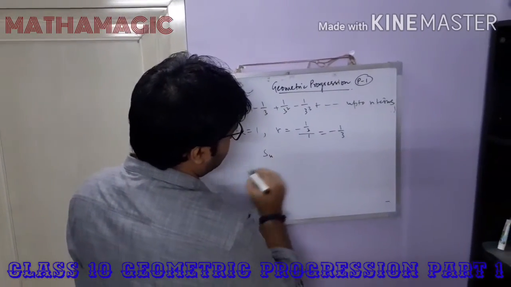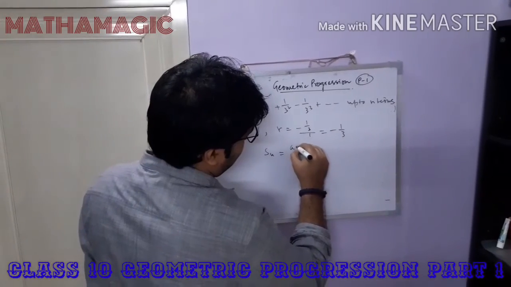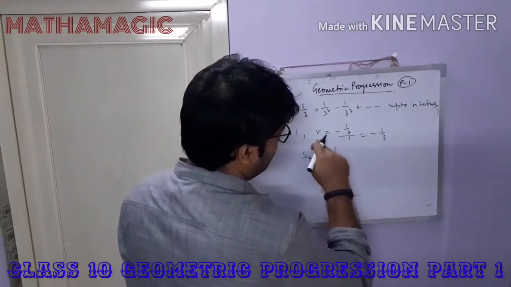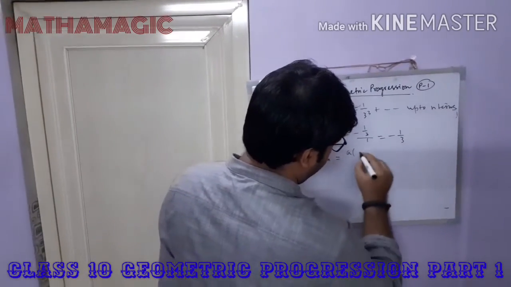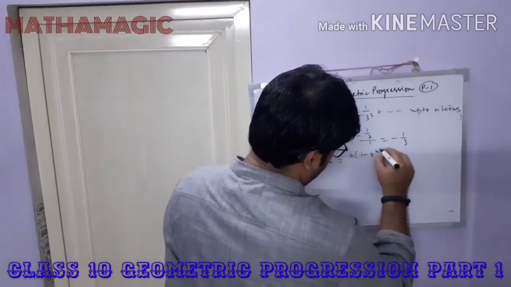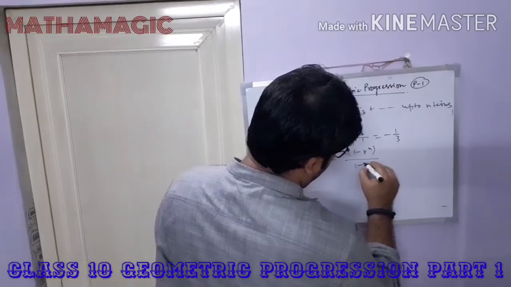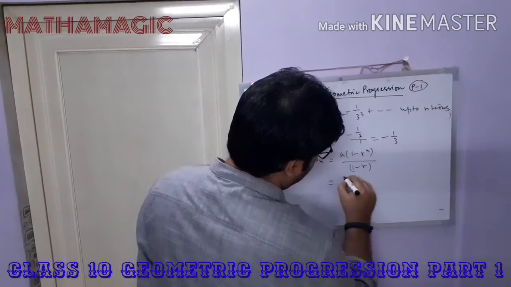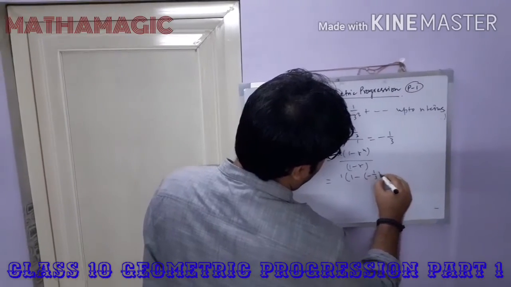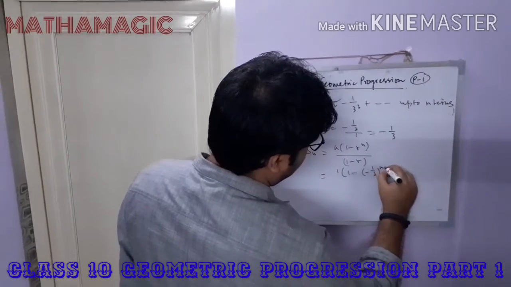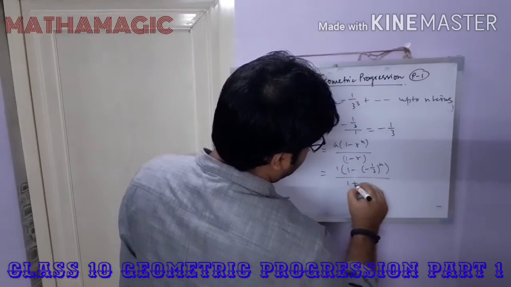So the formula of sum states that Sn equals a into, here just see that the value of r is lesser than 1, so we will use the formula 1 minus r to the power n divided by 1 minus r. So a means 1, 1 minus r to the power n means 1 minus minus 1 by 3 whole to the power n, divided by 1 minus minus 1 by 3.